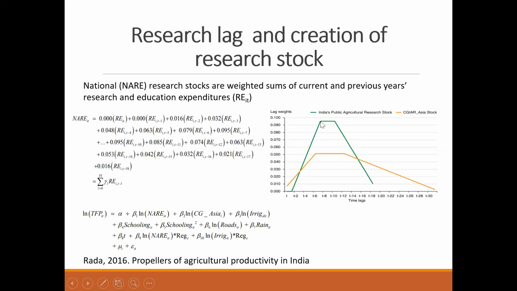Then from T minus 6 to T minus 12, around 7 years, the technology will be at its peak, then it will decline. The decline will take 8 years, and in those 8 years the impact of research expenditure on productivity will fade out.